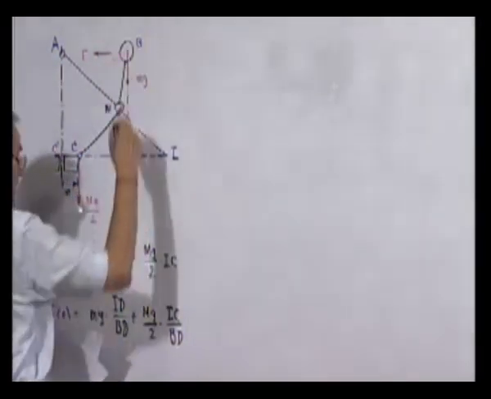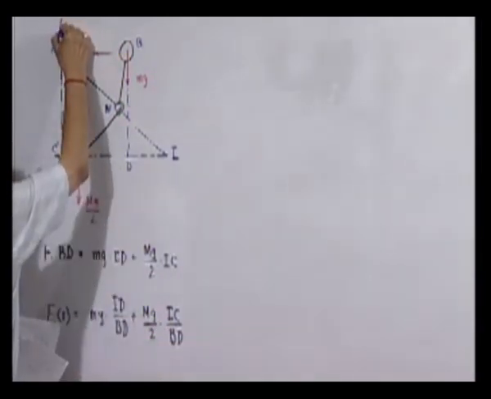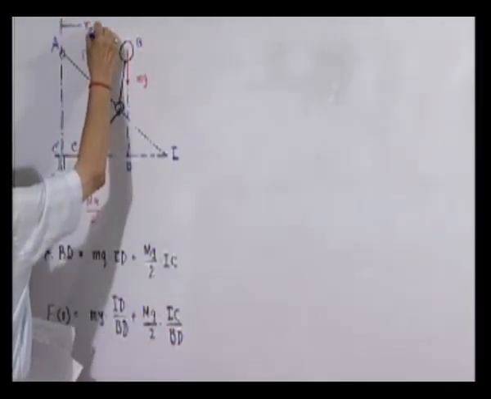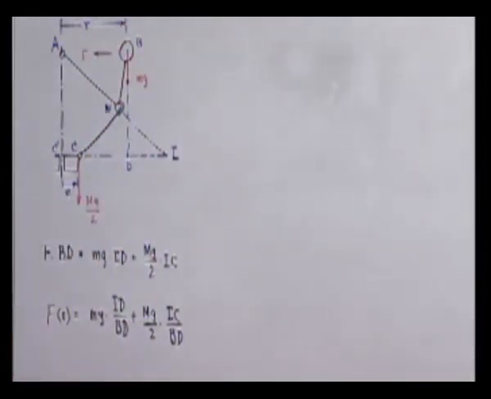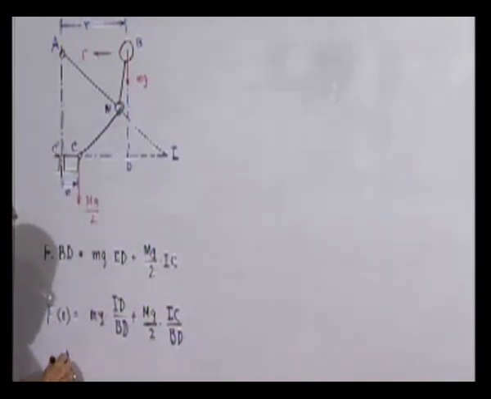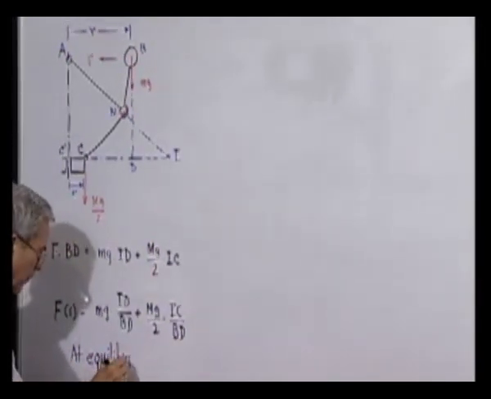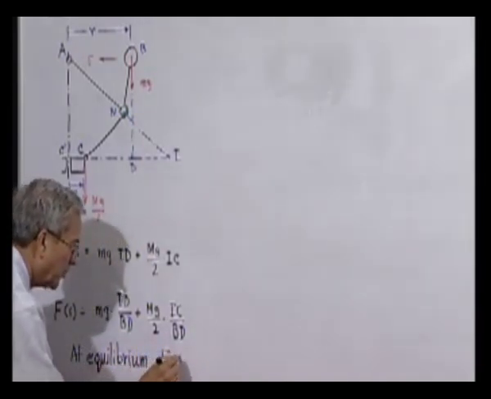This is actually the instantaneous radius of rotation. And at equilibrium, we know that the condition is that f will be equal to m omega square r.